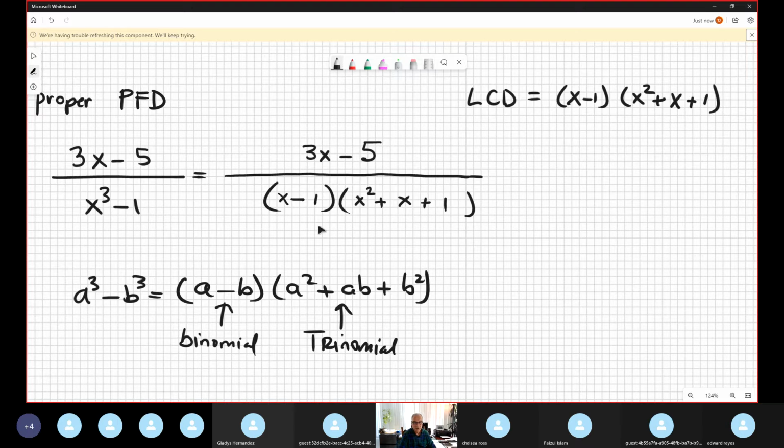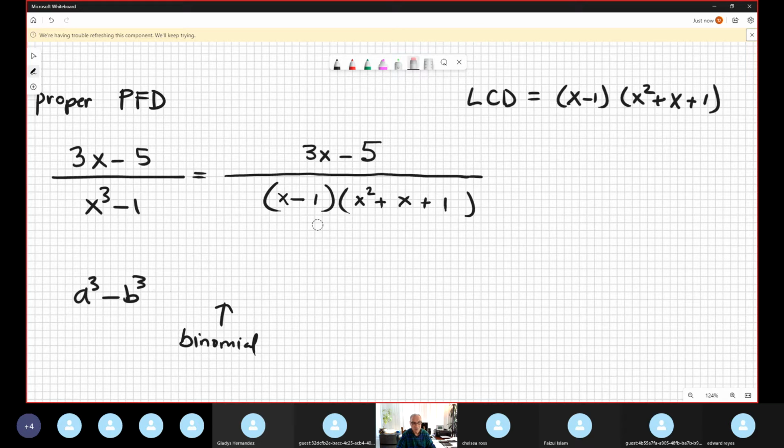Well, Professor, I don't understand one thing. What is the reason that you don't do the factorization of the trinomial? Well, because I know from elementary algebra that the trinomial obtained from the difference of cubes is prime. How do you know it's prime, Professor? Because the solution is complex.